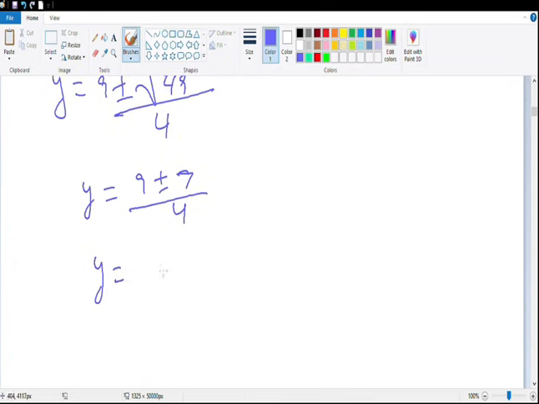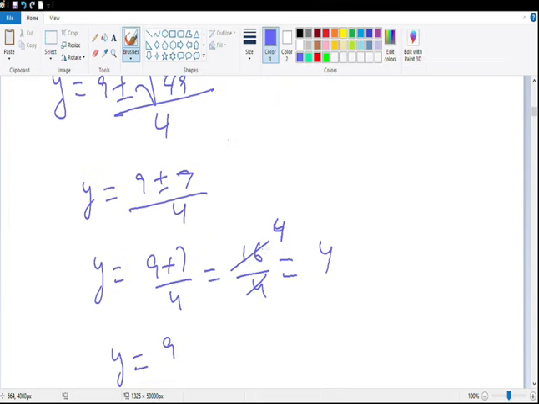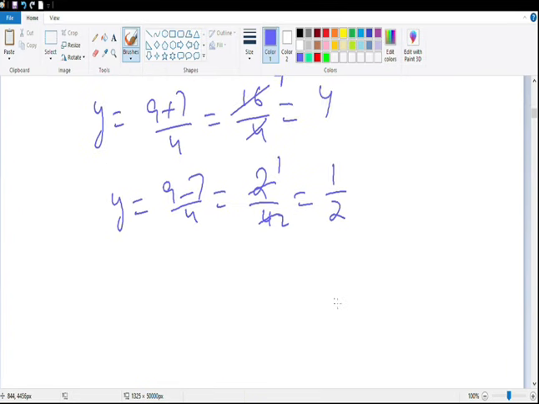So y is equal to 9 plus 7 divided by 4, which is going to give us 16 over 4, and that is 4. So one value is 4, and that's when it's 9 plus 7, and if it's 9 minus 7 divided by 4, it'll be 2 over 4, so 1 over 2. Y is equal to 4 and 1 over 2.